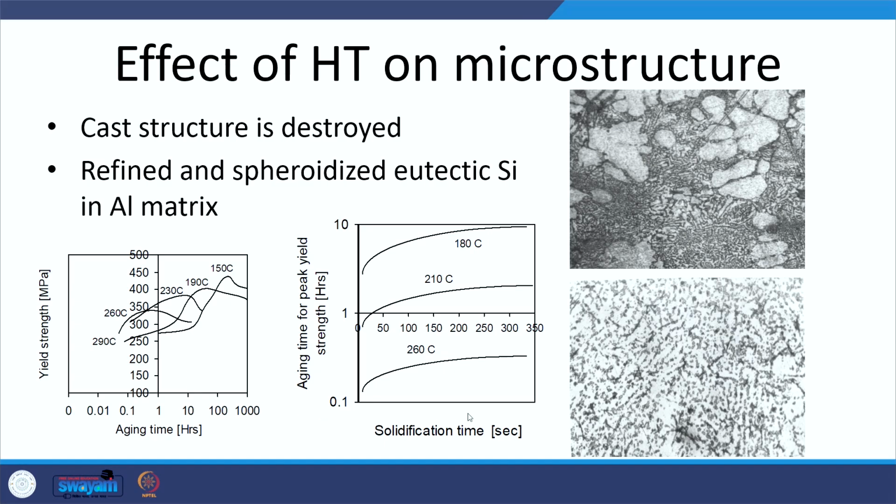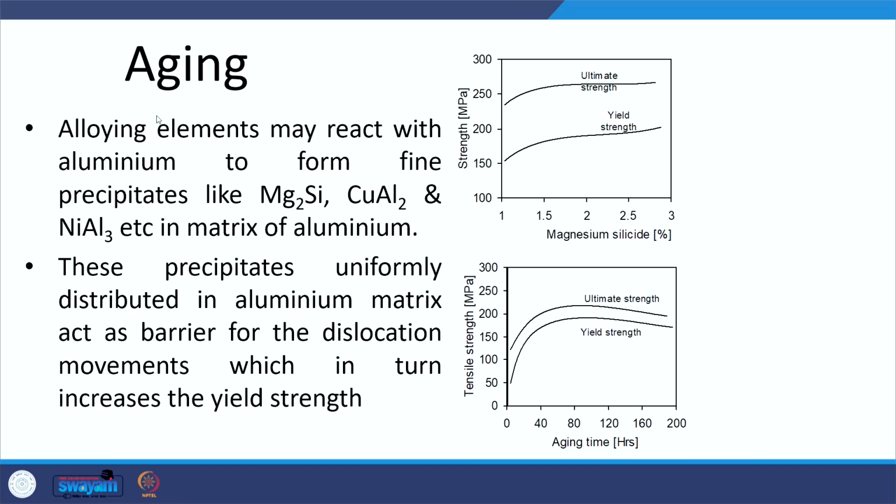Similarly, if solidification time is increased, then it takes longer to realize the maximum strength at different temperatures. Say at 260 degrees centigrade aging temperature, the aging time required for maximum yield strength is increasing. The same trend is observed at the different temperatures. Another thing we can see is that increasing the temperature reduces the time required to attain the peak yield strength.